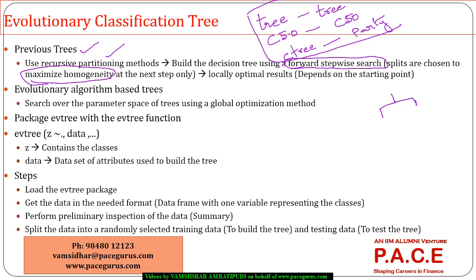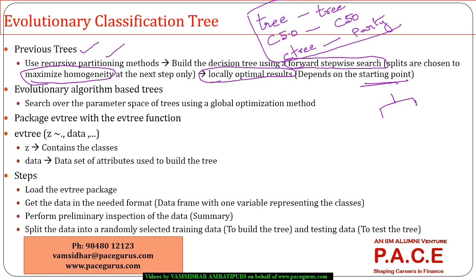Once it has done the split, I want more proportion of values belonging to one single class after the splitting process is completed. So there is a good chance that this kind of method gives us locally optimal results.